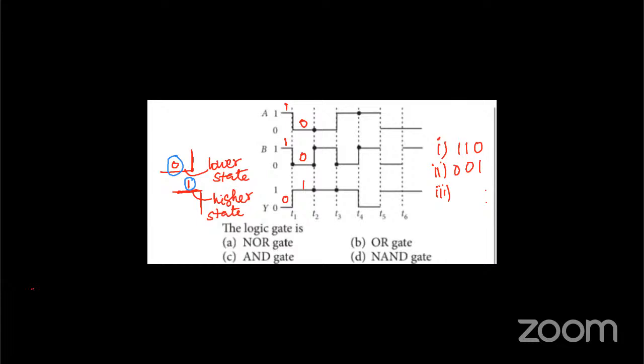It is very good. 0 1 1, right? So 0 1 1. By taking all these three combinations, we can easily find out the gate. Up to this, clear?